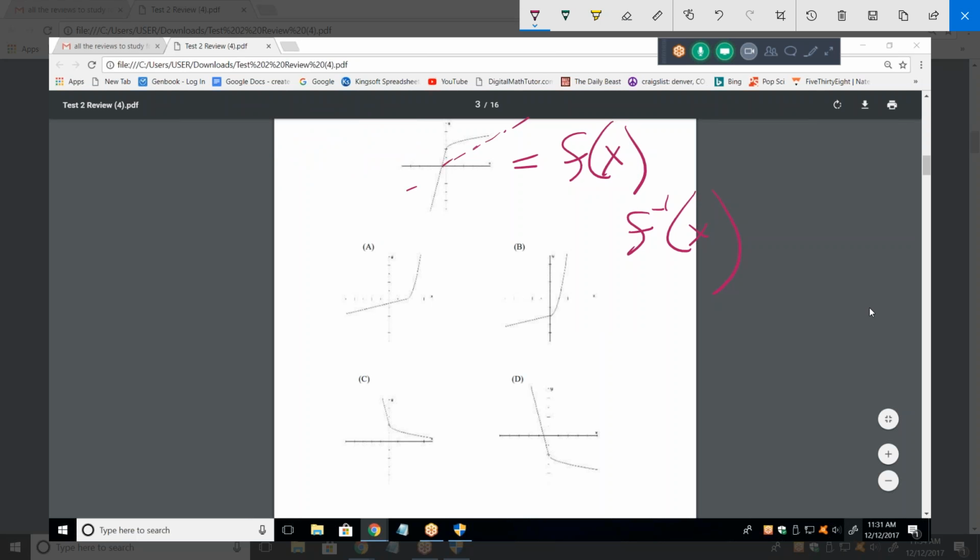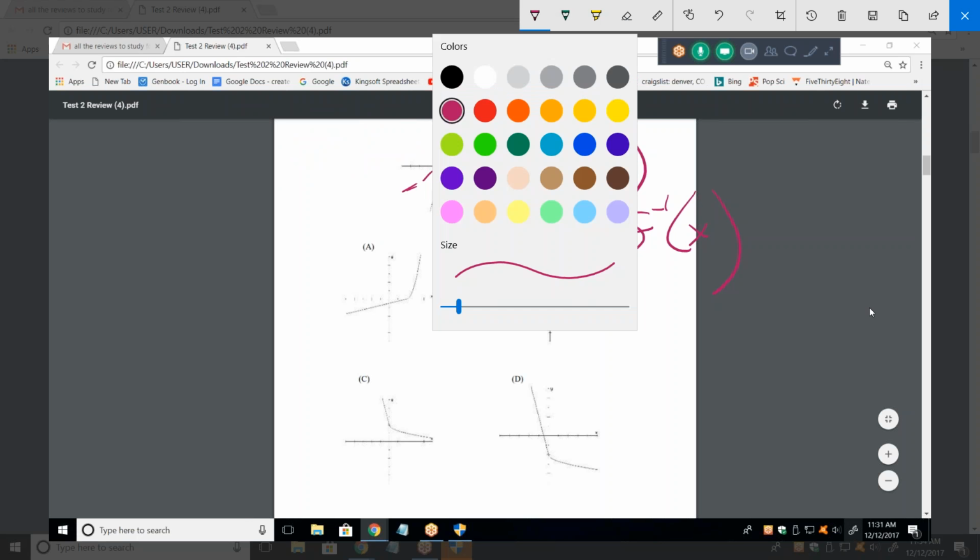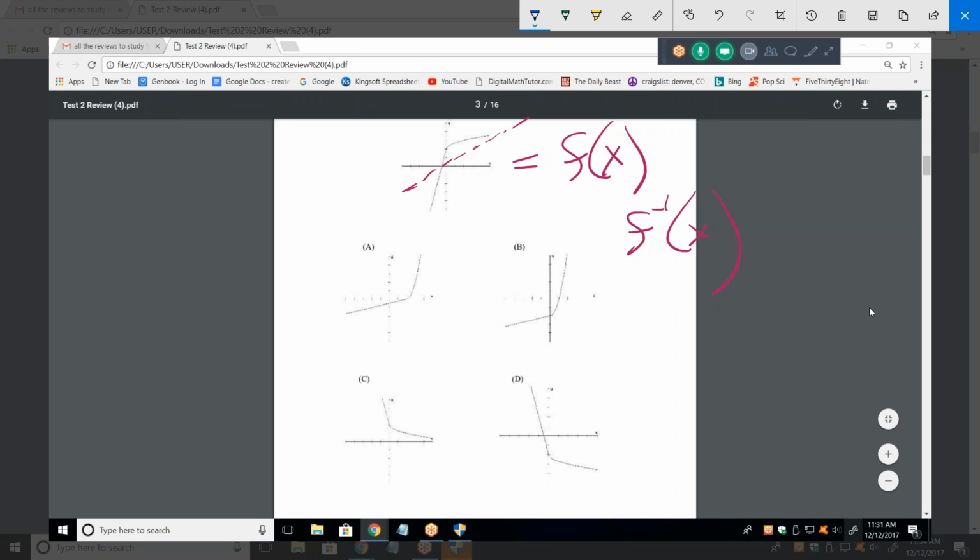So we're reflecting that line. So the reflection should look, let me just try to free draw it, like that. And wherever it crosses that line, we have to cross it. And then the other side should maybe look like, no, not quite. The other side should look like that.